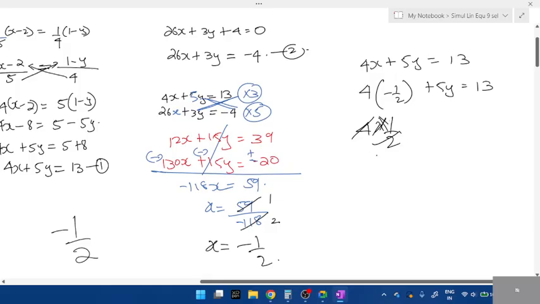What's the answer? Minus is also there. What is it?